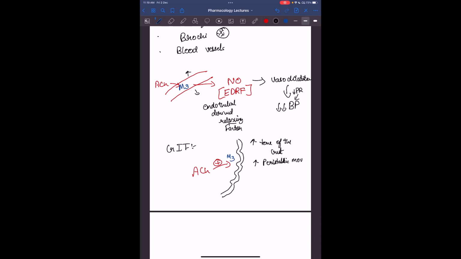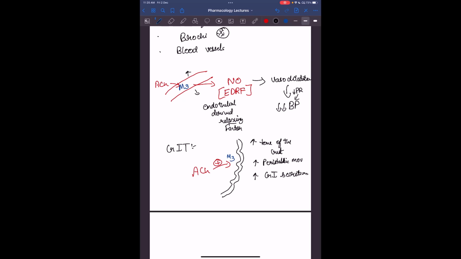Due to which it releases GI secretion, increases the GI secretion. And we have one more thing here. Let me correct this.